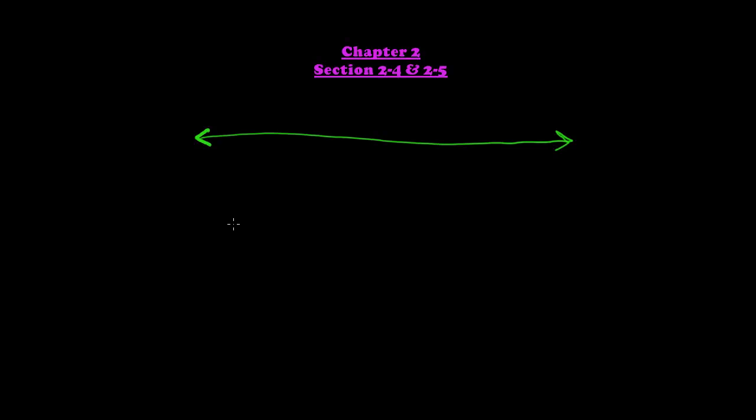Example 1 is, I think, pretty straightforward. They talk about finding the distance between the graphs of each pair of numbers, and it says 8 and 17. So if this is 0, let's say this was 8, and this was 17. We find that distance by finding the difference between those two numbers.